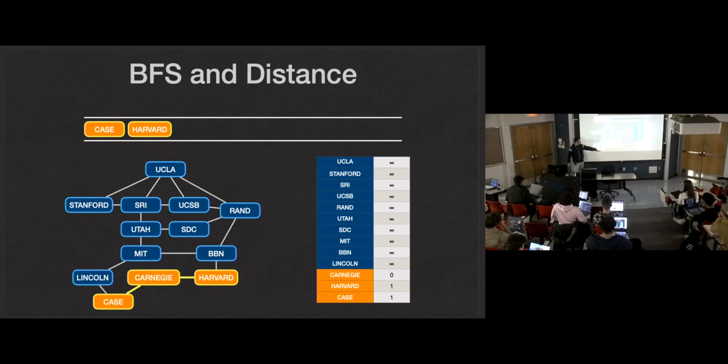So if it hasn't been visited, we're going to do three things, and those three things are related to all three of our data structures. Mark the node as visited, enqueue it, and set its distance equal to the distance of the node that discovered it plus 1.